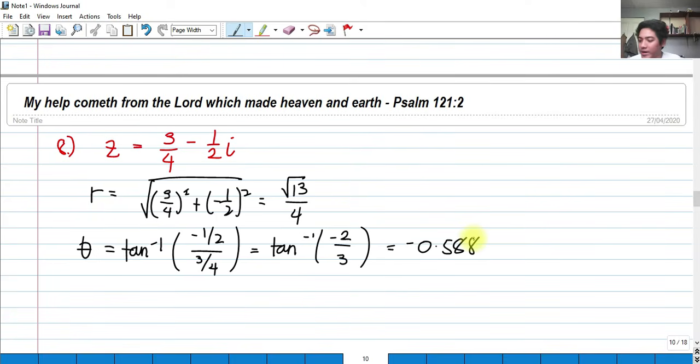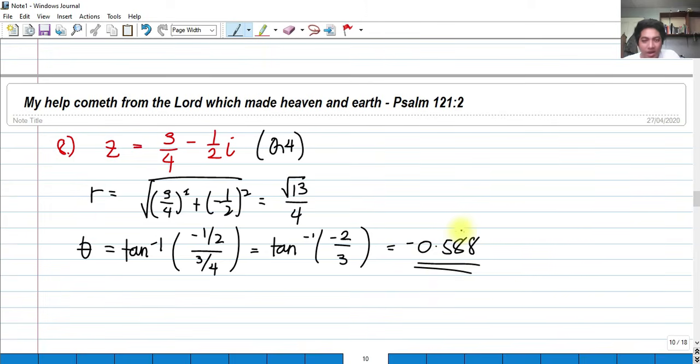Make sure that you are in radian mode. So this negative 0.588 is correct because this is in quadrant 4. This is correct because it is not beyond pi over 2 itself, or 90 degrees, or negative 1.57.